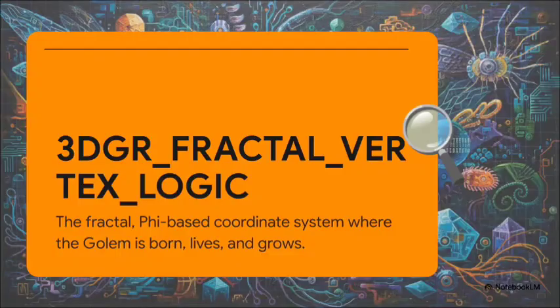And what is just absolutely mind-blowing is that this entity doesn't just exist as abstract data. The source material calls its environment a logic block, specifically the 3D golden ratio fractal vertex logic. It's a three-dimensional fractal coordinate system built entirely on phi using fixed-point math. This is the universe where the golem is born. It's a being that emerges within its own unique mathematical reality.